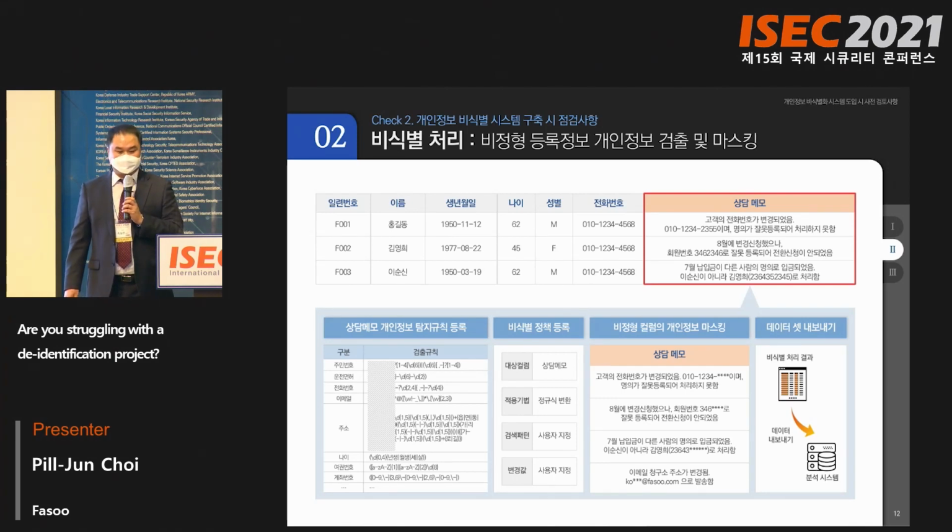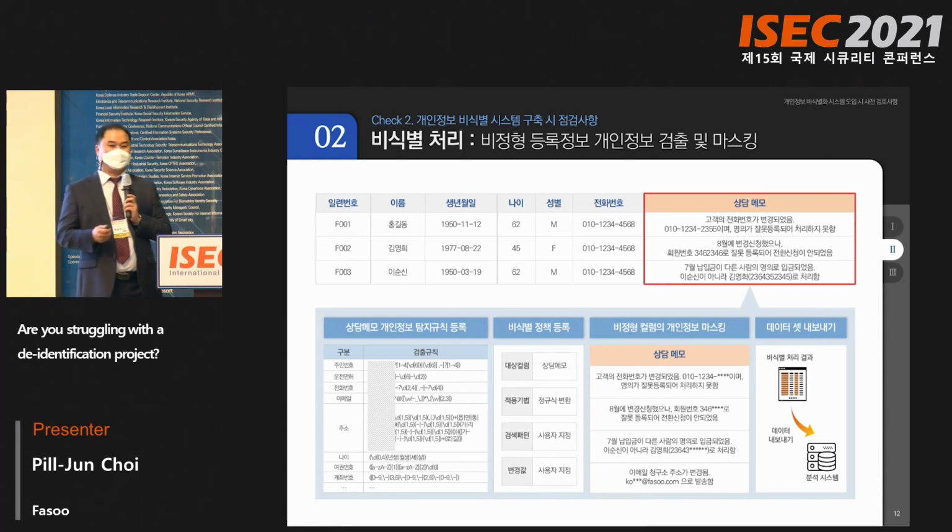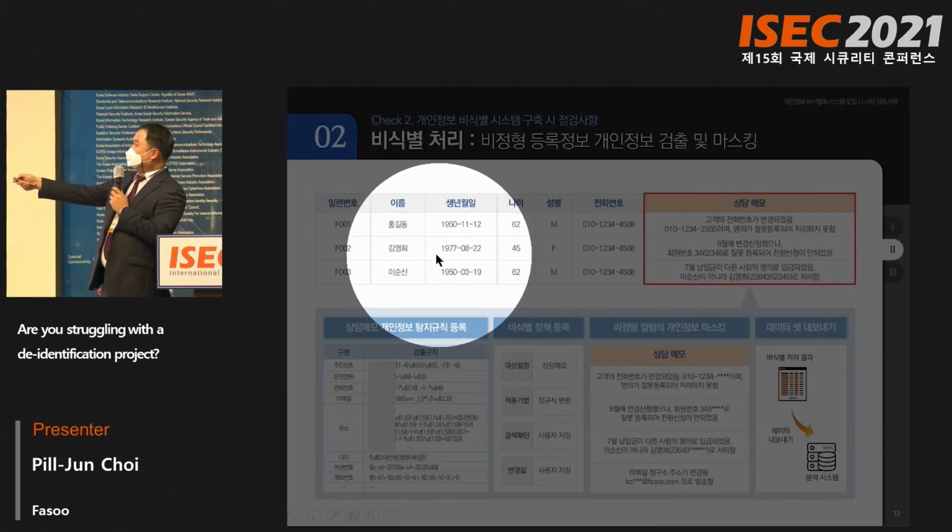And the next is unstructured data. As I mentioned, there are many ways to pseudonymize data. And so in the RSARS also use the de-identification method, but in order to meet the legal requirements, a de-identification solution is needed.